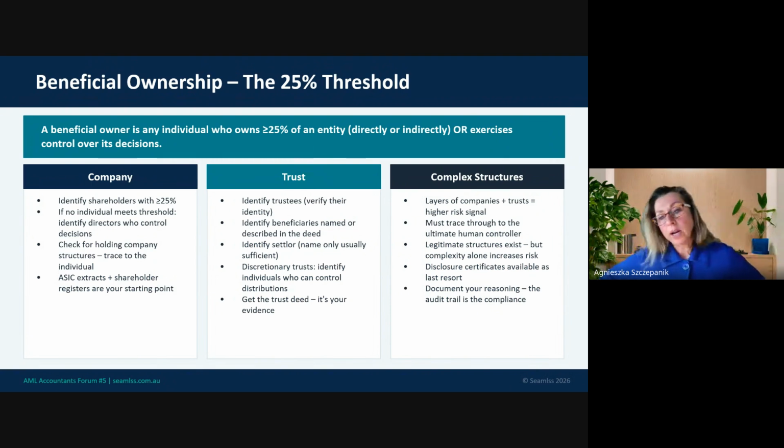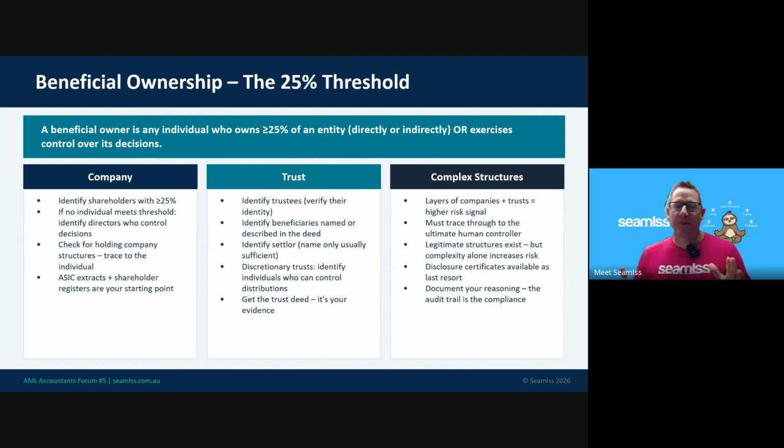You go, and I'll. I think the biggest thing that a lot of firms do, much like me, is onboard a company and they'll have one main director or person that handles all the stuff, and they're the person you're going to do most of the interaction with. But unfortunately, there might be 4 shareholders at 25%. So you need to do CDD on all of them.